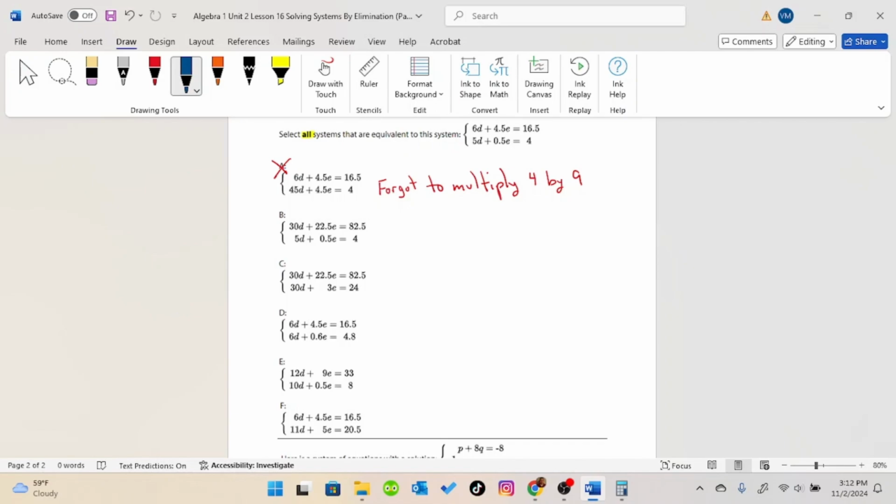The bottom equation did not change, so they multiplied both sides by 5, so this is an equivalent system.